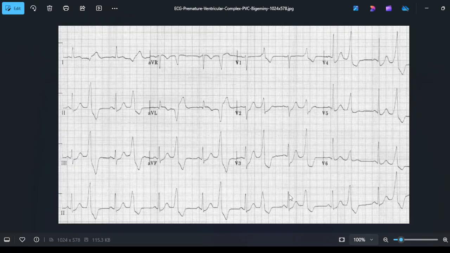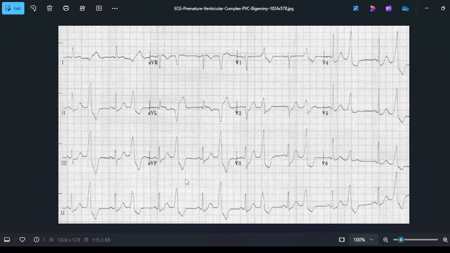So this is a regular rhythm, but there is something abnormal about it, that there are some excessive waves coming in. These are different types of waves. These two are similar, and these two are similar. So these are different waveforms which are coming in between a regular rhythm. So this is your premature ventricular contraction ECG.